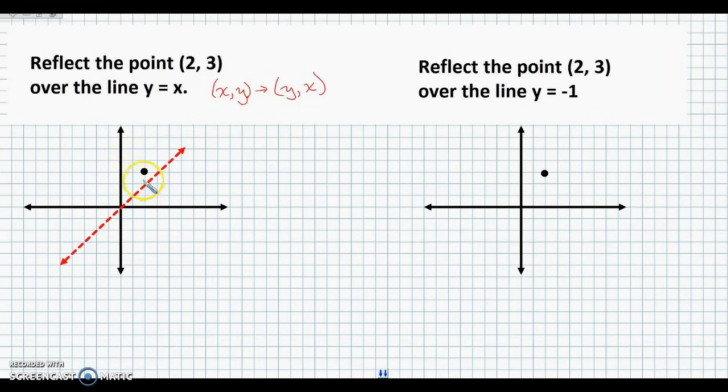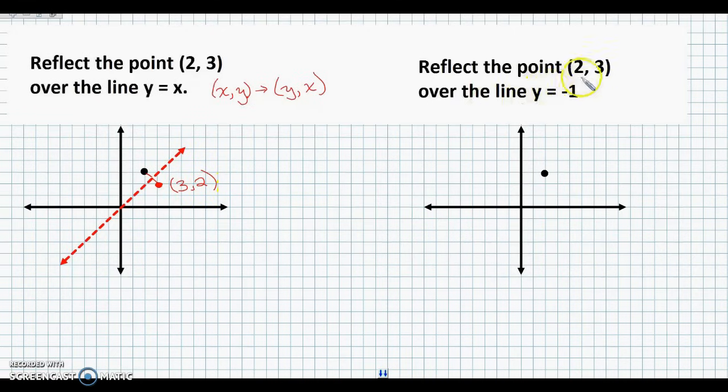But also, if you don't remember the rule, look and see. We go perpendicular to the line like half a box, and we want to go perpendicular the same amount on the other side. So our reflected point, our image, is the point (3, 2).